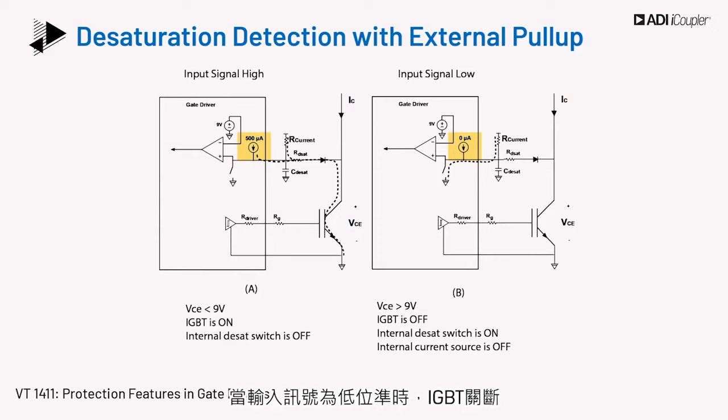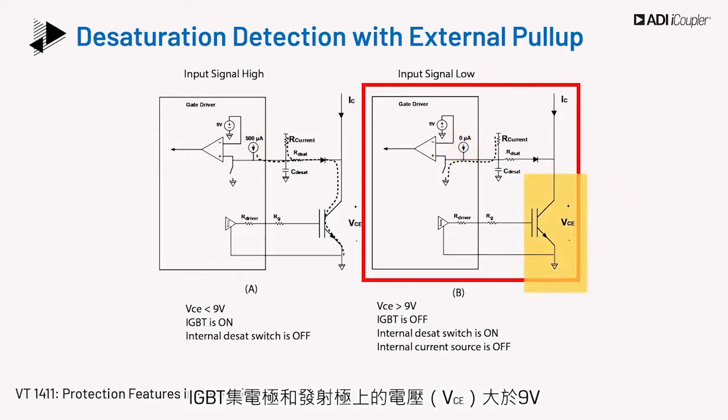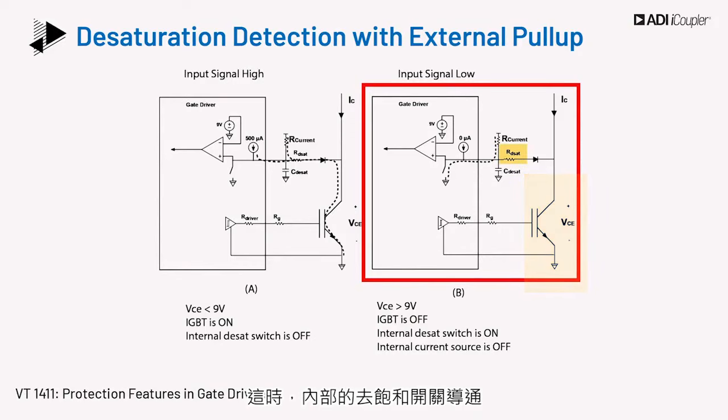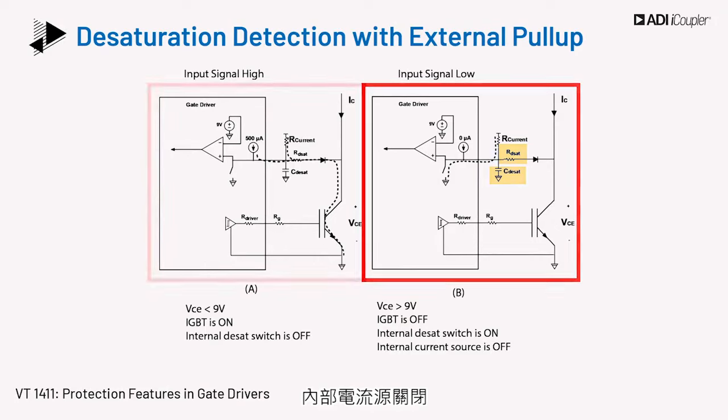When the input signal is low, the IGBT is off, and the voltage across the IGBT's collector and emitter, VCE, is greater than 9 volts, since it blocks a high voltage. At this time, the internal DSAT switch is on and keeps the DSAT pin and blanking capacitor, CDSAT, voltage at ground, and the internal current source is off.